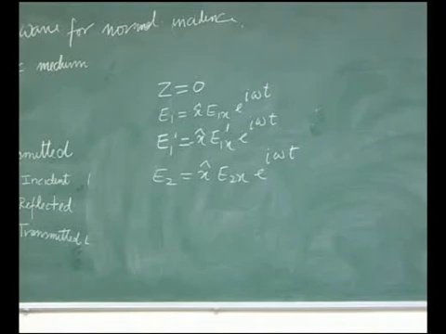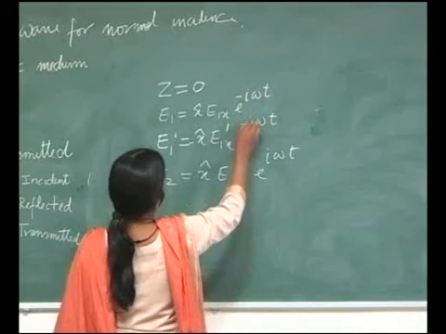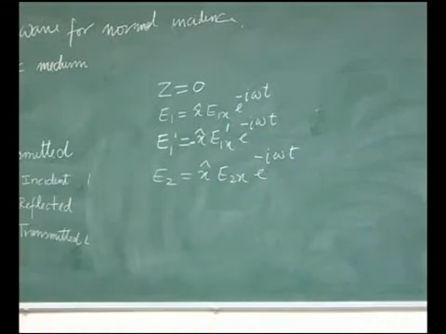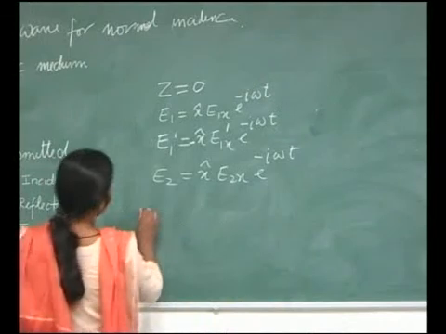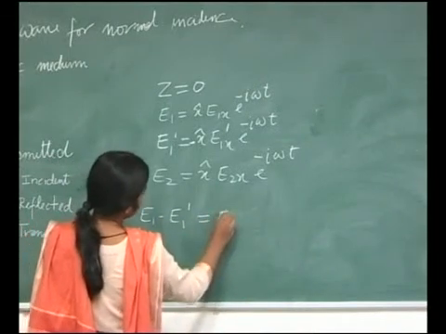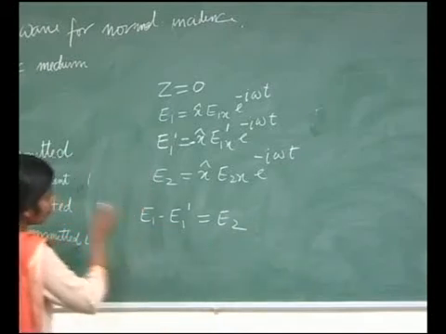Minus I e to the power, yeah, that's right. And here also we have it. Now from this interface I say that E1 minus E1 dash is equal to E2. So if I say that E1 minus E1 dash should be equal to E2, then what do I get from here?